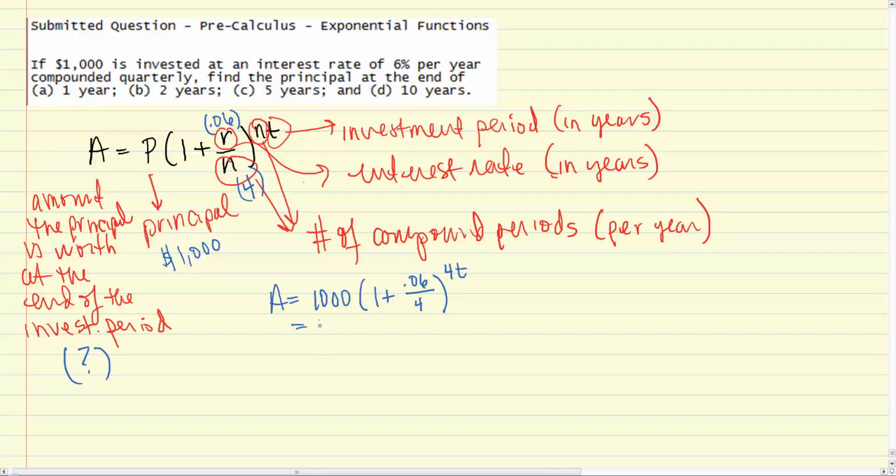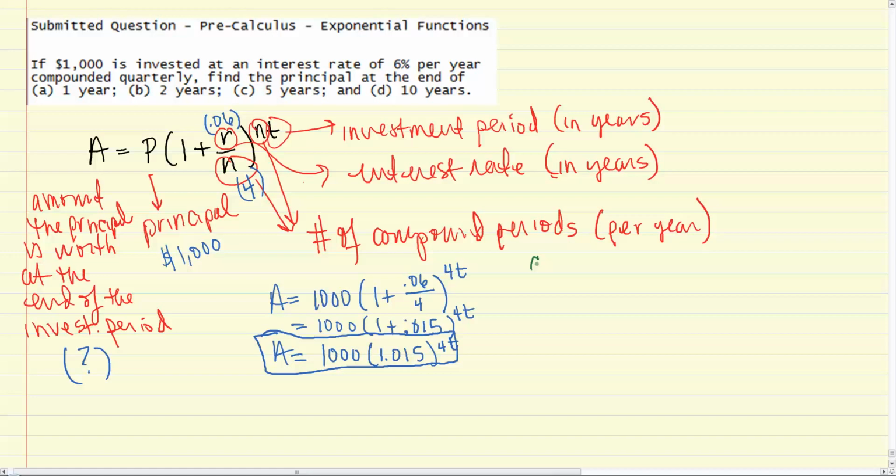That's 1,000 times (1 plus 0.015) to the 4t, and that's 1,000 times 1.015 to the 4t. And that's our formula that we can use in each of these four scenarios.